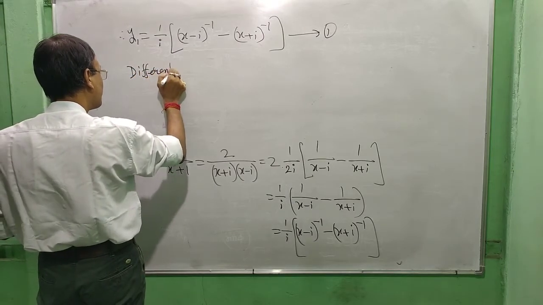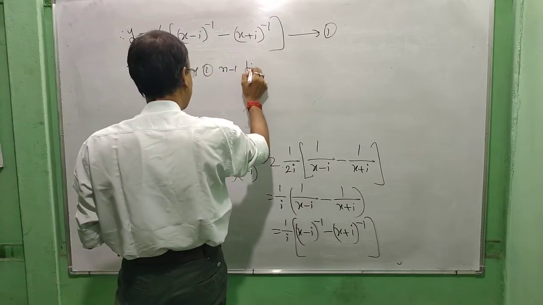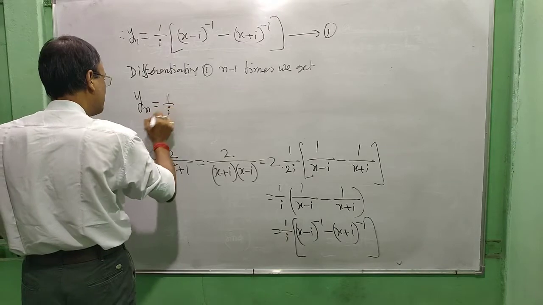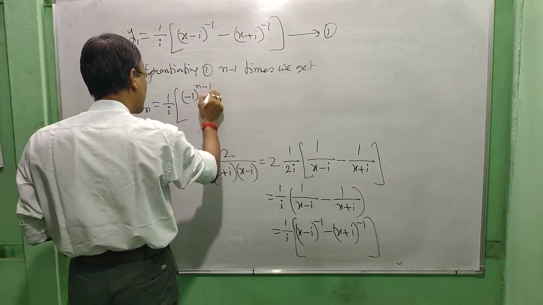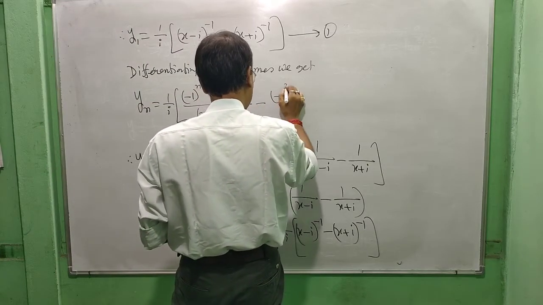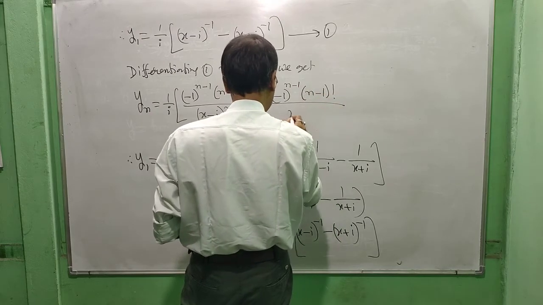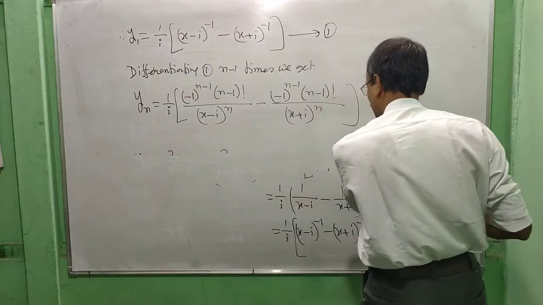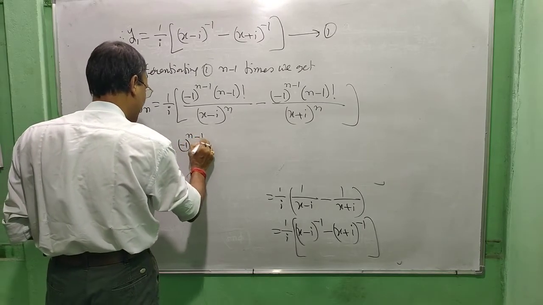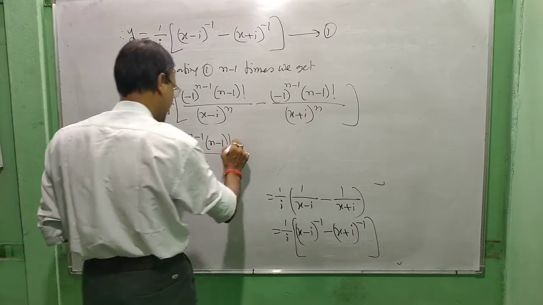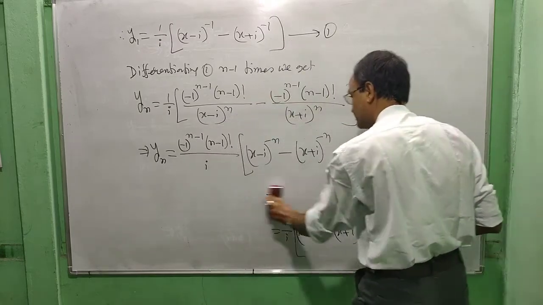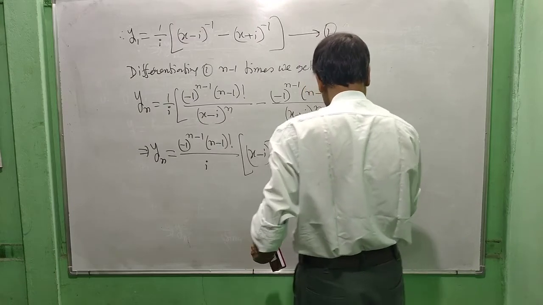Differentiating 1 n minus 1 times, we get yn equal to 1 by i, times minus 1 to the power n minus 1, factorial n minus 1, divided by (x minus i) to the power n, minus the same divided by (x plus i) to the power n. That is, yn is equal to minus 1 to the power n minus 1, factorial n minus 1, divided by i, times (x minus i) to the power minus n minus (x plus i) to the power minus n. Suppose this is number 2.